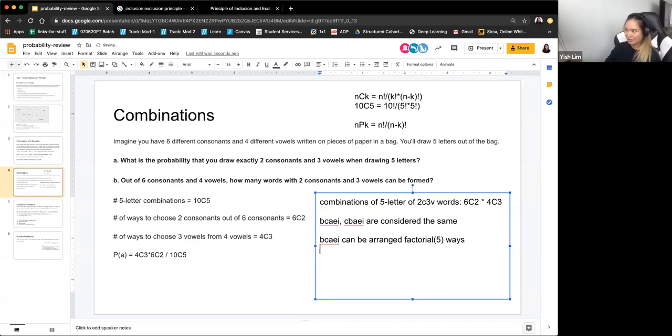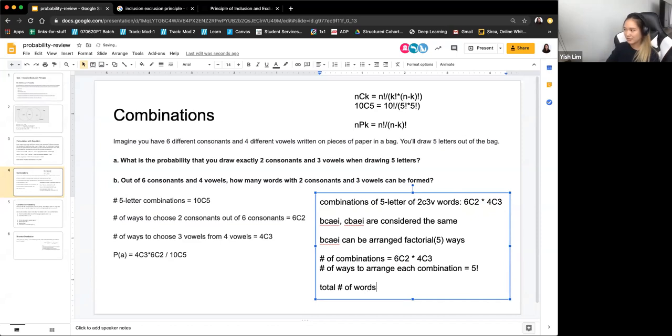And so the number of combinations is this. And then the number of ways to arrange each combination is factorial 5. Total number of words is those two multiplied together.